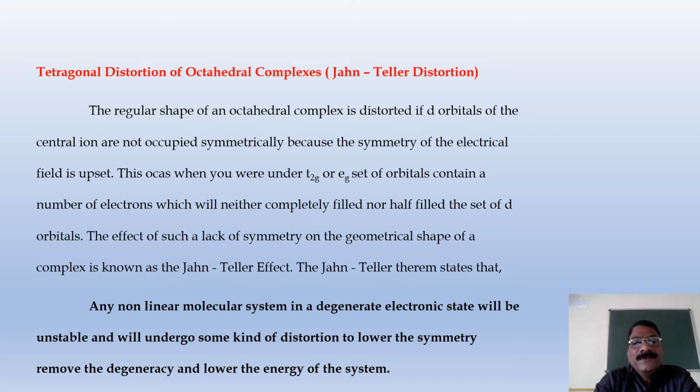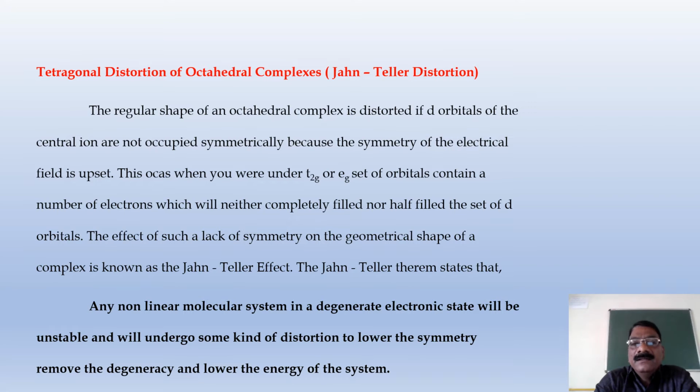This occurs when the t2g and eg sets of orbitals contain a number of electrons which is neither completely filled nor half filled. The effect of such a lack of symmetry on the geometry of the complex is known as the Jahn-Teller effect.